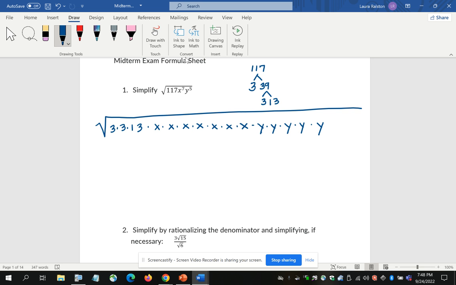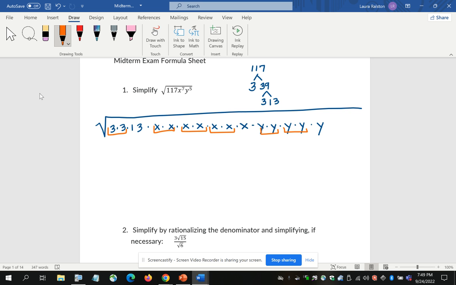Because this is a square root, you need pairs of 2. So if I look at the pairs, I have a pair of 3s. I have 1, 2, 3 pairs of x's, and 2 pairs of y's.